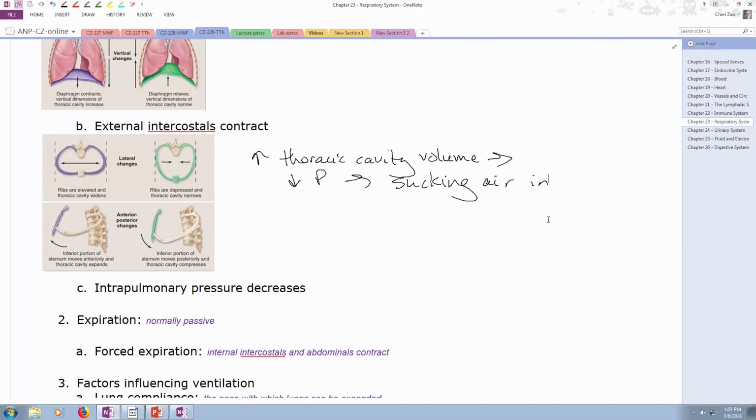As we pull on the walls of the lungs as we inhale, we're creating more space in the intraalveolar area, which means air flows in. So that intrapulmonary pressure decreasing is an important aspect of pulling air in.